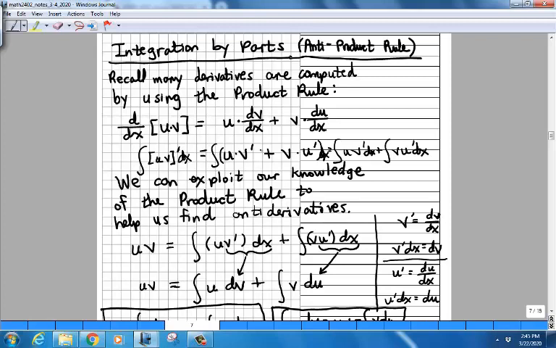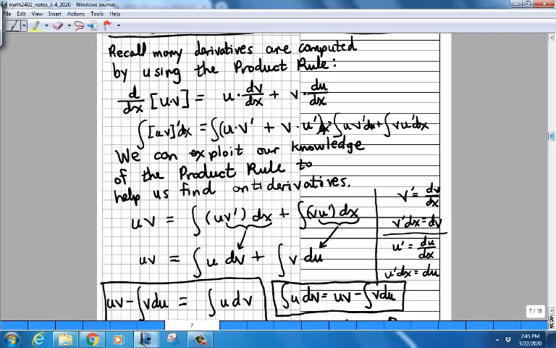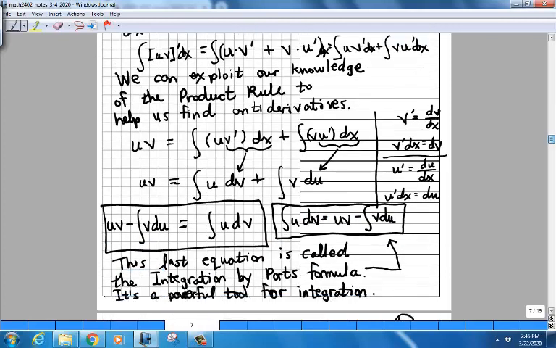So I'm going to substitute just du for u prime dx. Oh, and this is exactly what I was looking for. Notice that original product uv is the integral of u dv, the antiderivative of u dv, plus the antiderivative of v du.